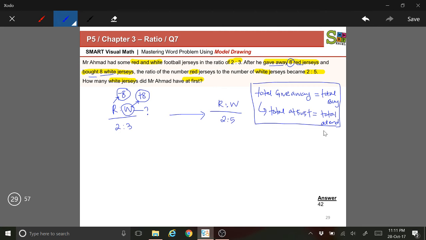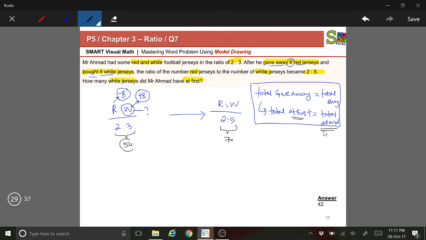Alright, so what do we do next? When we mention that the total at first is equal to the total in the end, therefore this part here will be a total of 5 units, whereas this part here the total is 7 units.